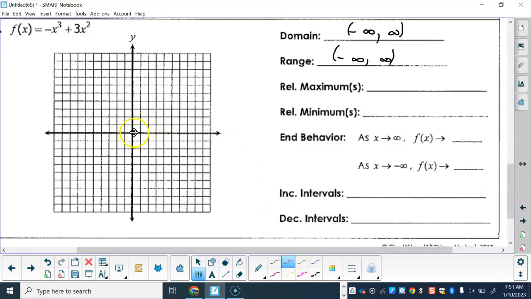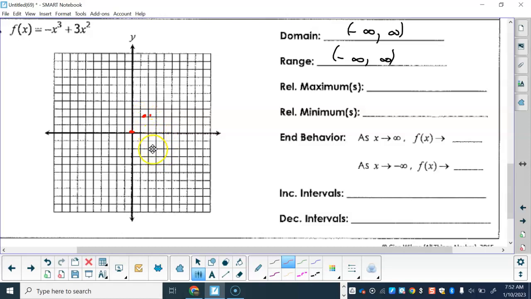We had a relative minimum at 0, 0. We had a relative maximum at roughly 1.3.